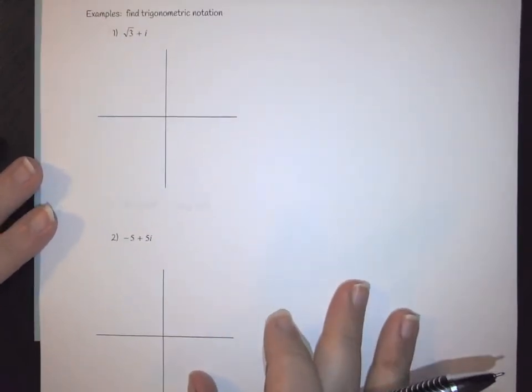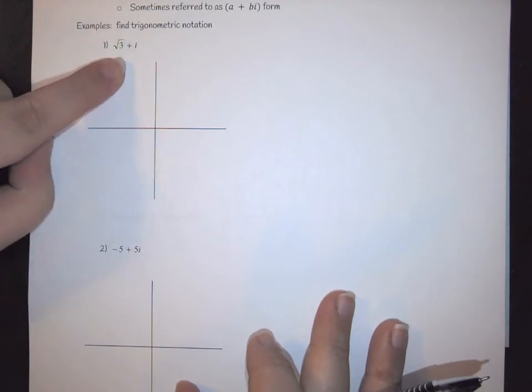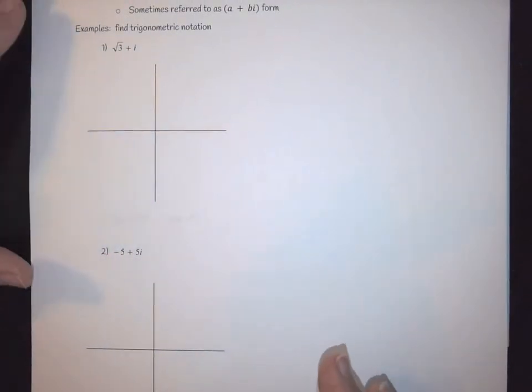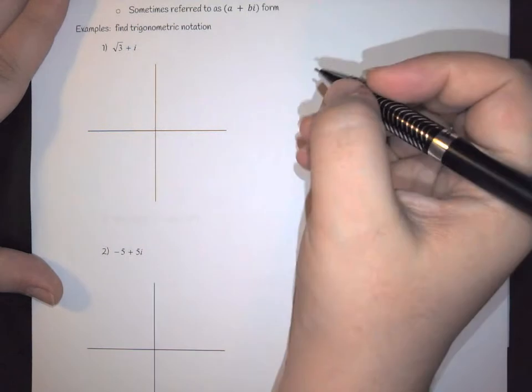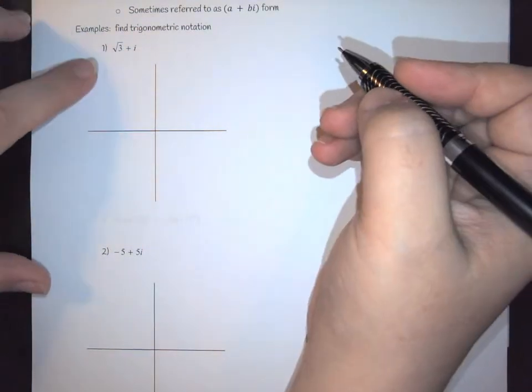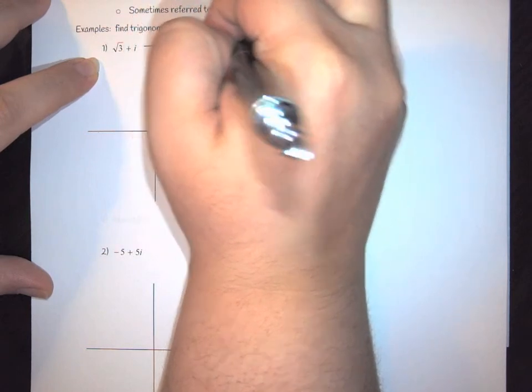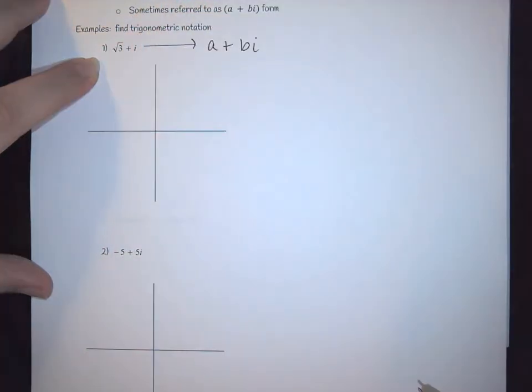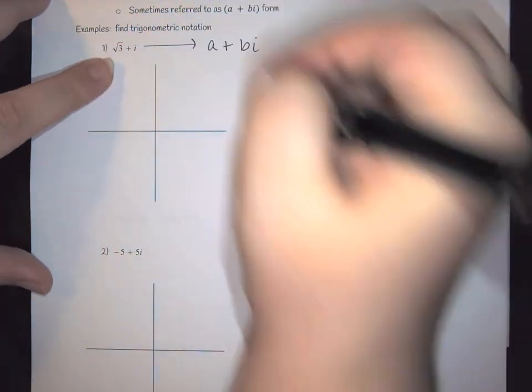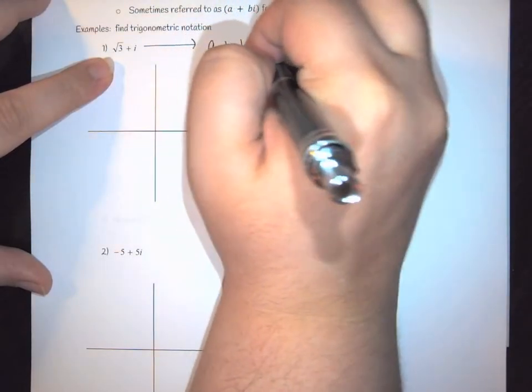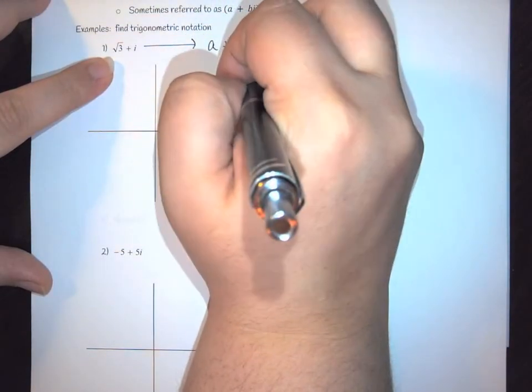So my first one is going to be the square root of 3 plus i. The one thing that I want to look at is that this is going to be the same as a plus bi. So in looking at that, I know that a is equal to the square root of 3 and b is equal to 1.